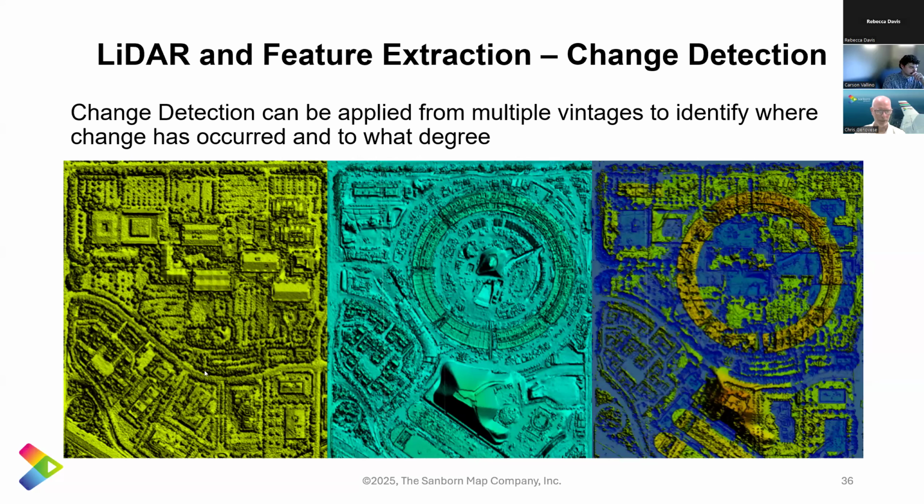Comparing those different aspects of the data can give us a good idea of where change has occurred. And as we understand the different features within the area, we can understand what has changed, whether it's structures, whether it's just the ground, whether it's something within the vegetation area. So I think that's kind of the main section for LiDAR.